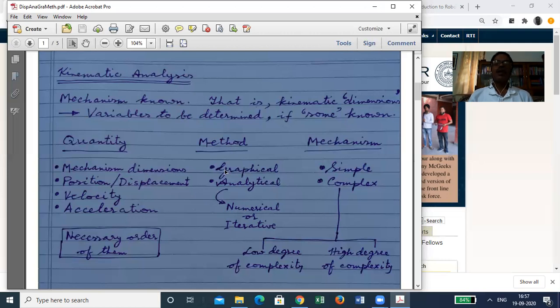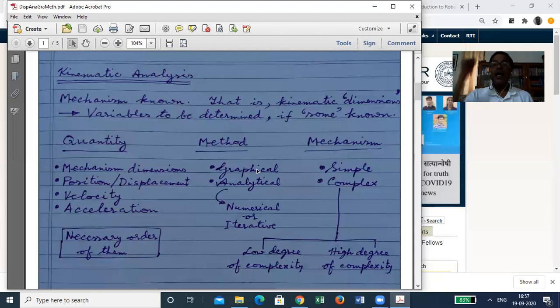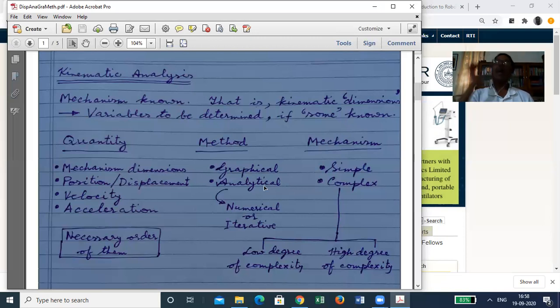If you draw the mechanism configuration to scale and thereby find the required quantities and missing quantities, then it is a graphical method. On the other hand, if you sketch the mechanism not to scale, and then each and every step which by drawing to scale you could have actually drawn on paper, you try to determine by your knowledge of geometry and trigonometry and algebra calculation, then actually that is analytical method. Though a systematic analytical method might go some other way.